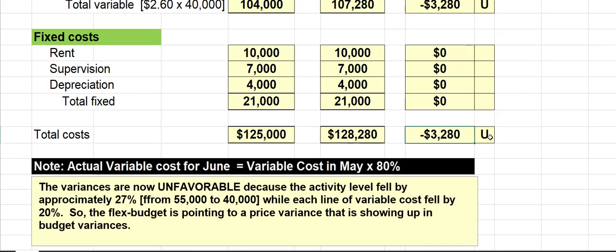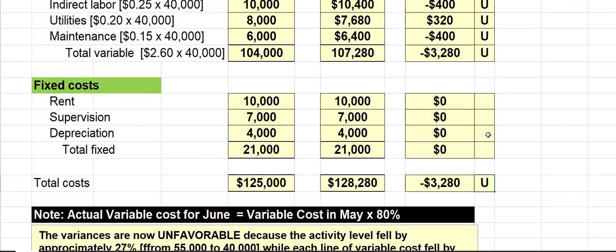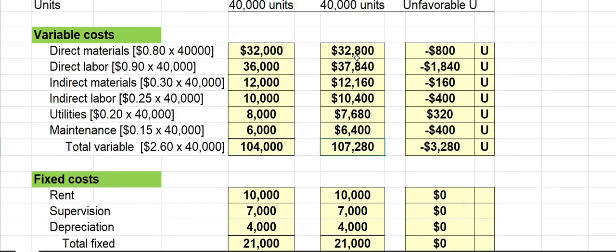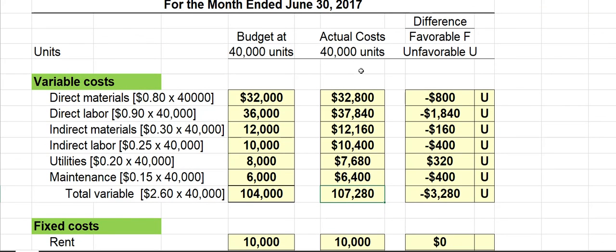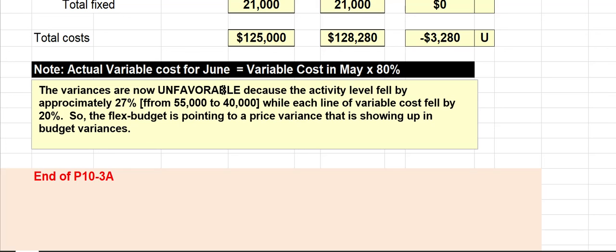And so no change was anticipated and realized with the fixed cost, and so the overall budget variance of $3,280 is due exclusively to the fact that the activity level fell, and more importantly, notice that the activity level fell by 27% from 55,000 units down to 40,000, but the variable cost per unit fell by 20%.